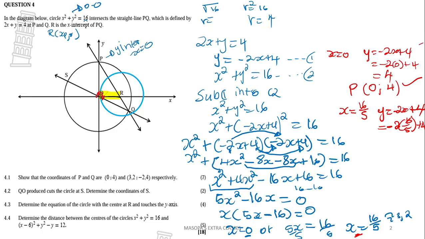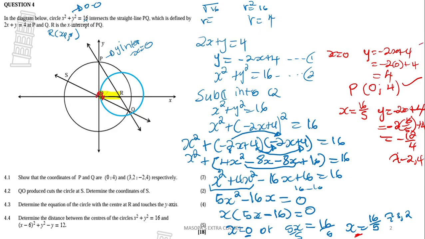Then you add 4, and you get negative 12 over 5, which is equivalent to negative 2.4 in decimal.